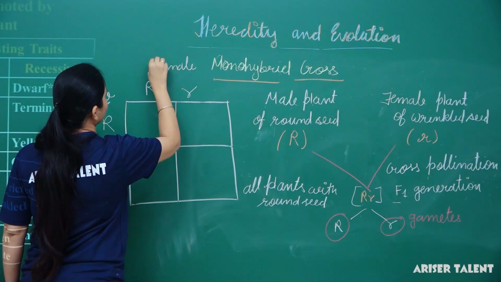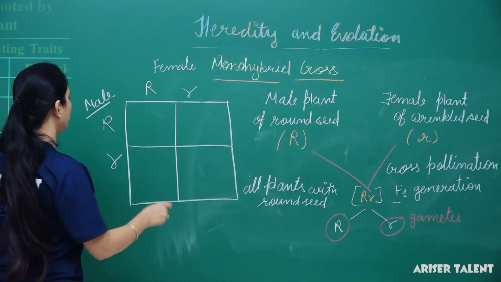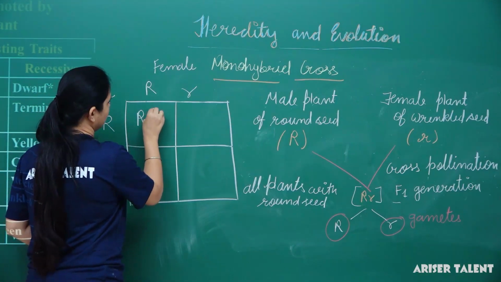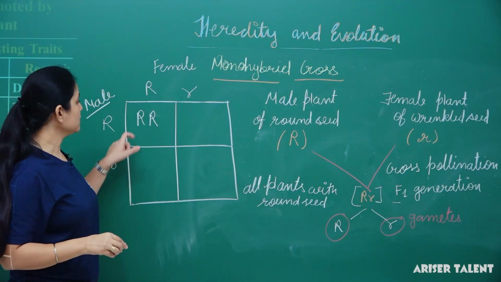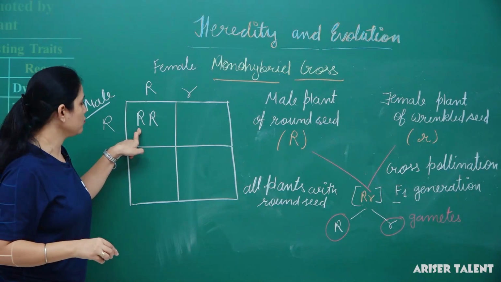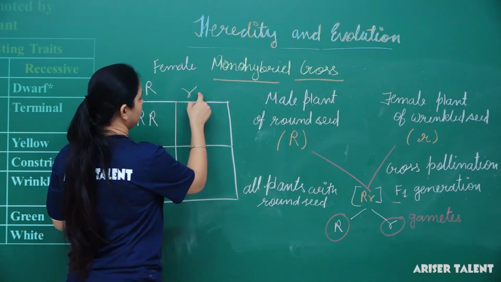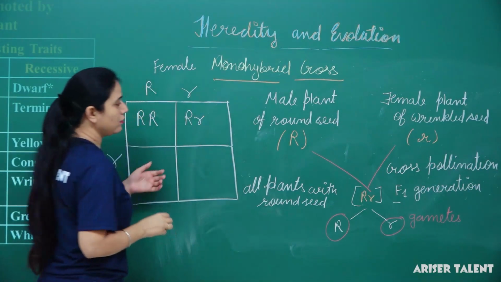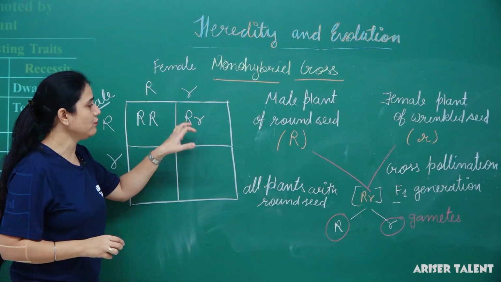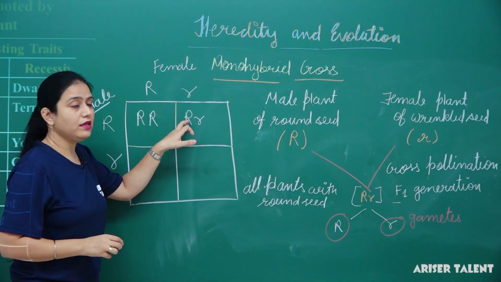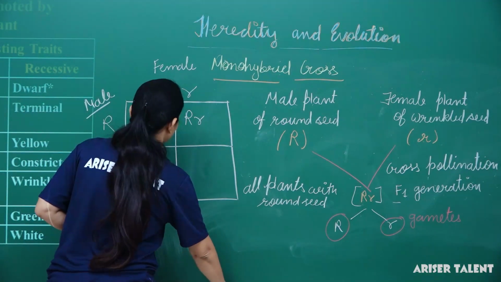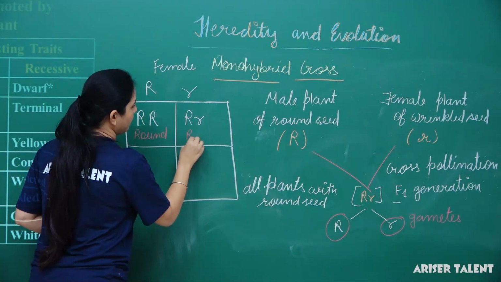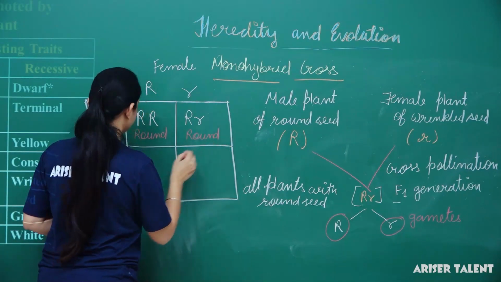When the self pollination is done, what happens? This R and this R form the new plant which has all seeds of round shape. When this R and this r combine, the capital R is dominant, so the plants will again have round seeds.